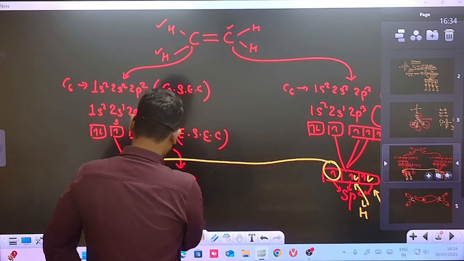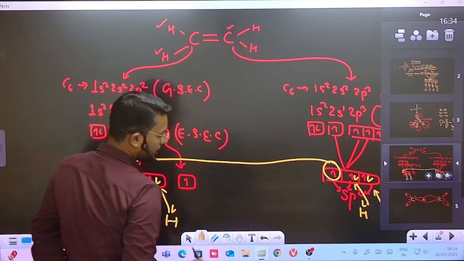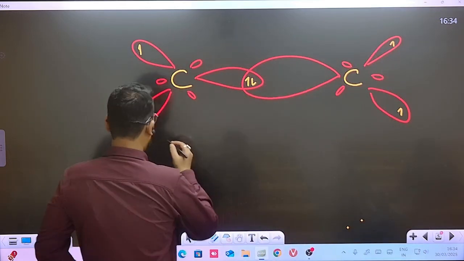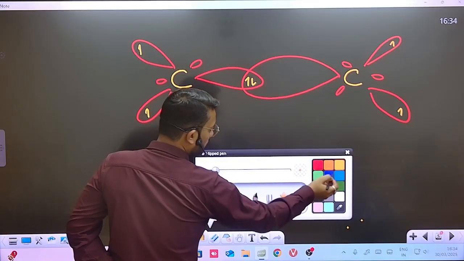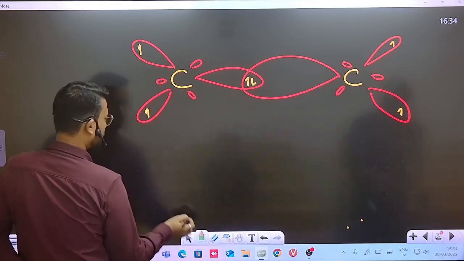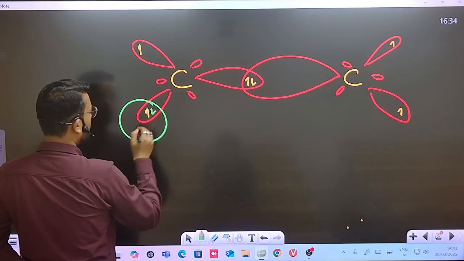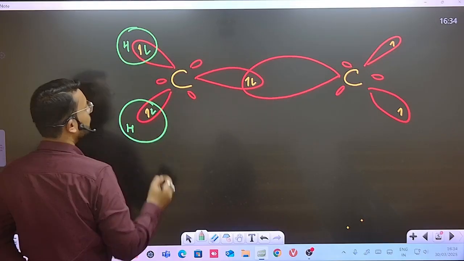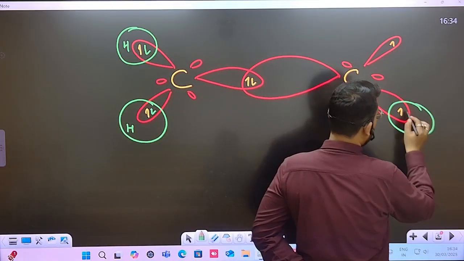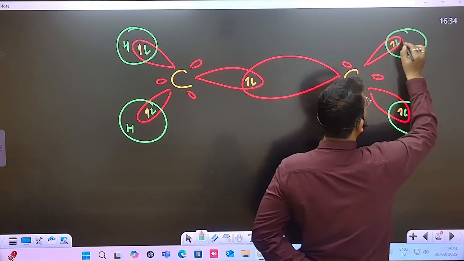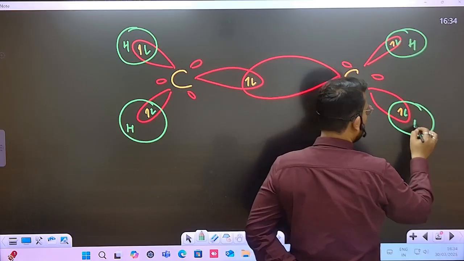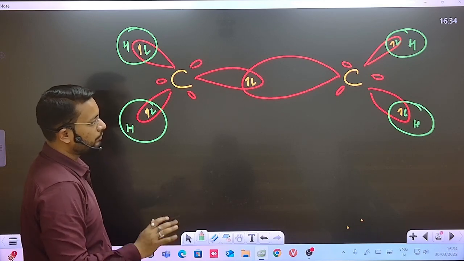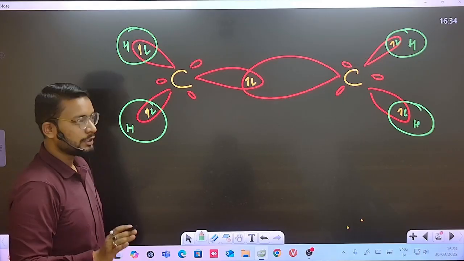This is the bonding between these 2 electrons, and the 4 hydrogens will come with their 1 electron in the 1s orbital to do the bonding with the carbon. These are the 4 hydrogens. So this is the shape of carbon in sp2 hybridized.